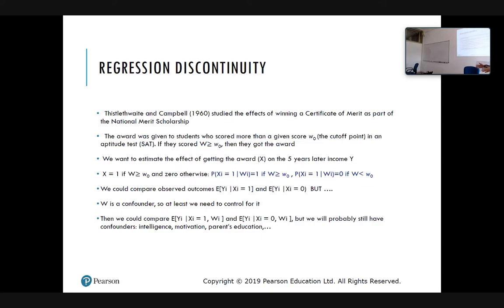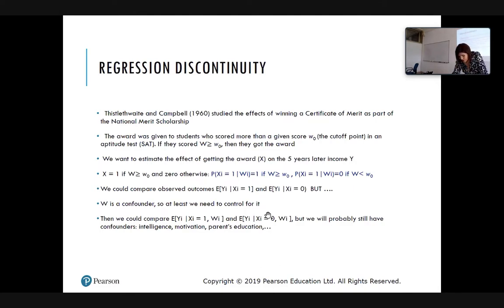Then we want to estimate the effect of getting this award on your future income. If we just compare the future income of those who got the award to the future income of those who didn't, as I told you, we are not controlling for other variables which may affect this treatment effect.